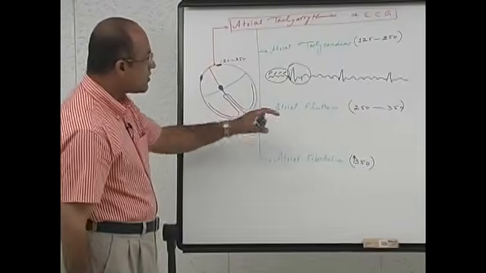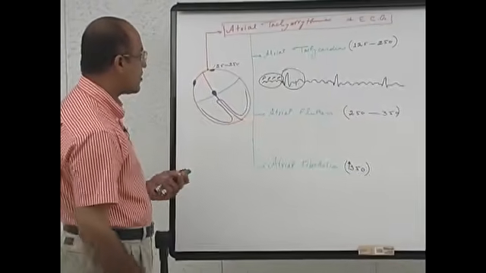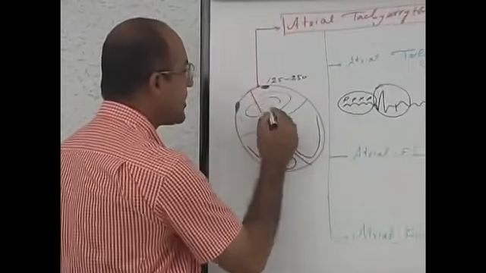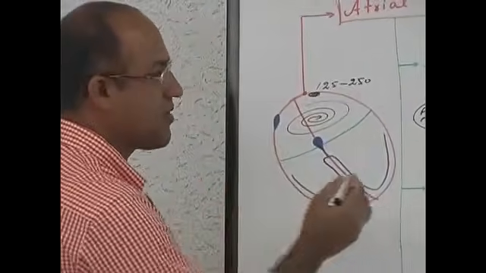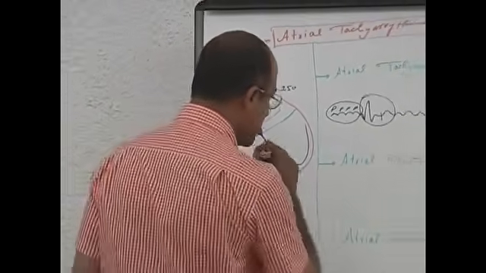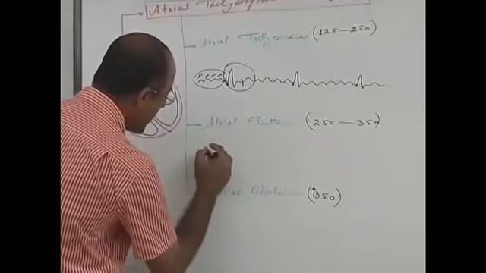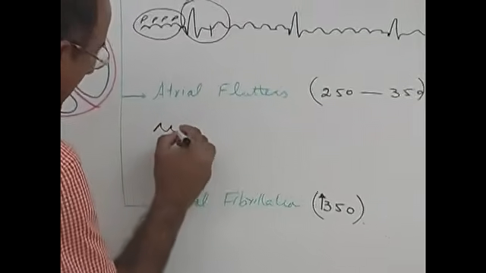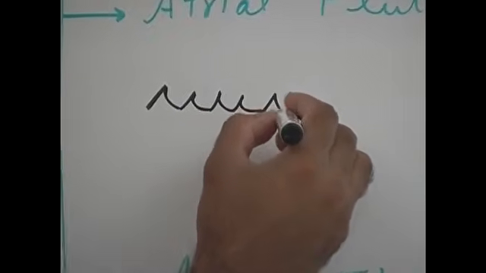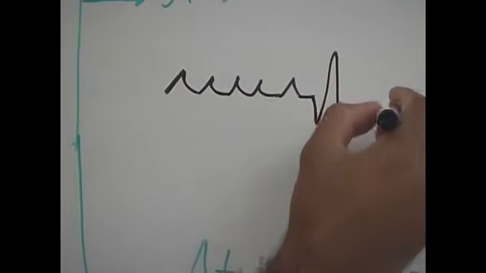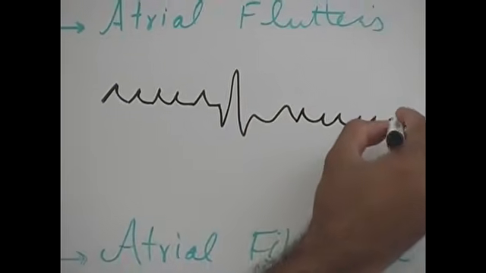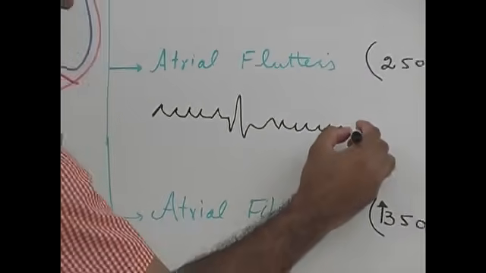Now, in atrial flutter, electrical activity in the atrium becomes very fast. In this case, what you see are a special type of waves, not well-recognized P waves. Then there is a QRST complex, and after that again sawtooth-like waves.